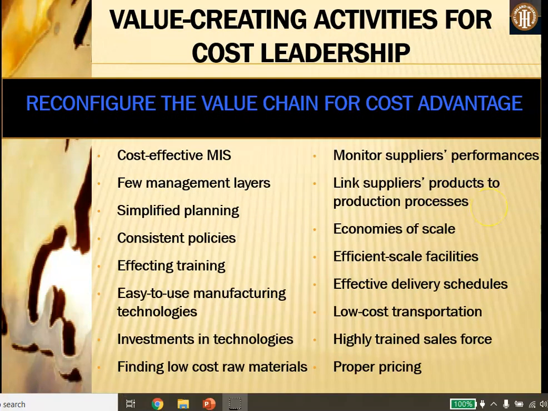So after doing a value chain analysis, where a firm will look at what is working and what is not working, the firm may decide to reconfigure the value chain for cost advantage. This is done by making sure that they have cost-effective management information systems, few management layers, simplified planning, consistent policies, effective training, easy to use manufacturing technologies, investment in technologies, finding low-cost raw materials.